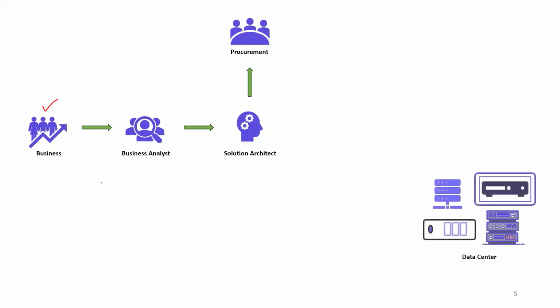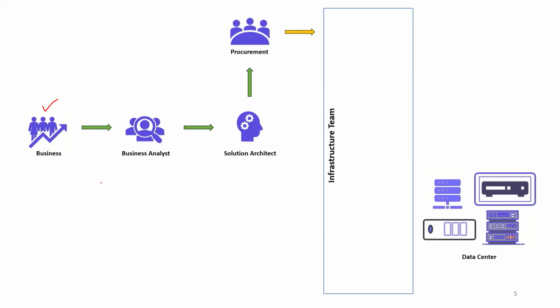The solution architect will create a solution architecture diagram to be followed for the deployment of the entire application. If the infrastructure is already available, then there's no problem. If it is not available, they have to put in a request to the procurement team, and the procurement team will create a request to the vendors team. The vendors team will take a lot of time to purchase and deliver it to the data center.